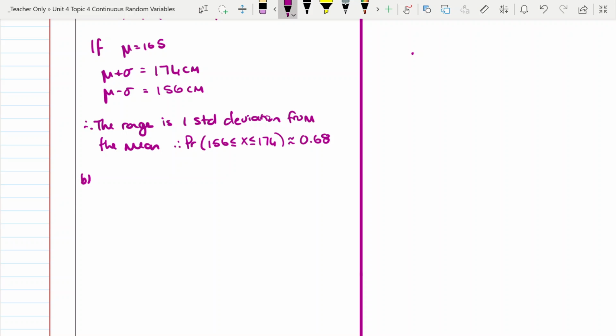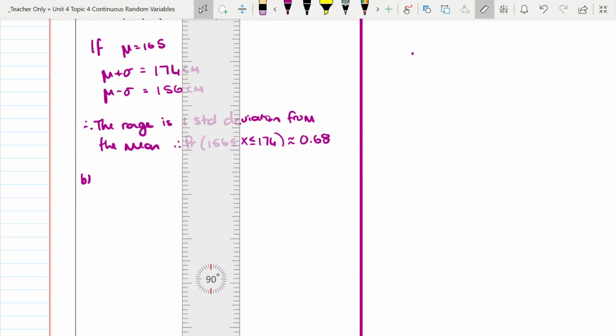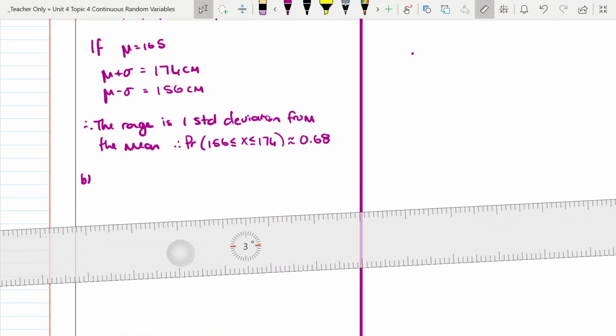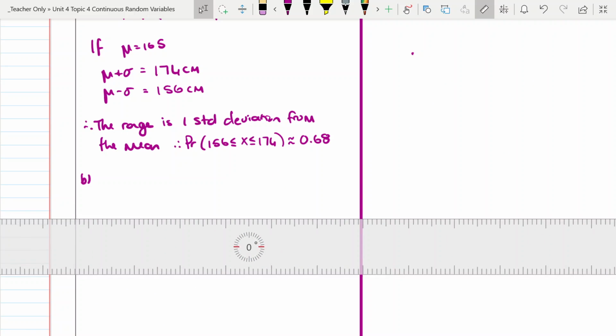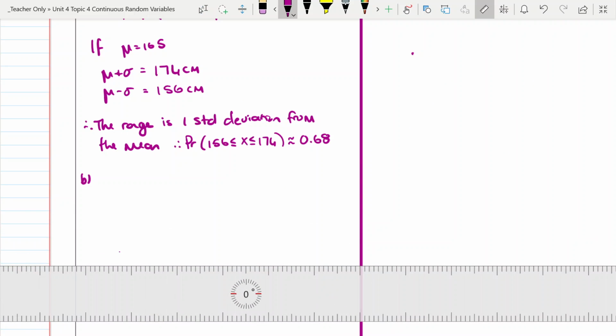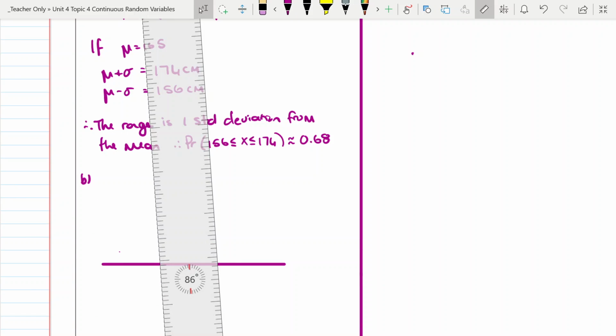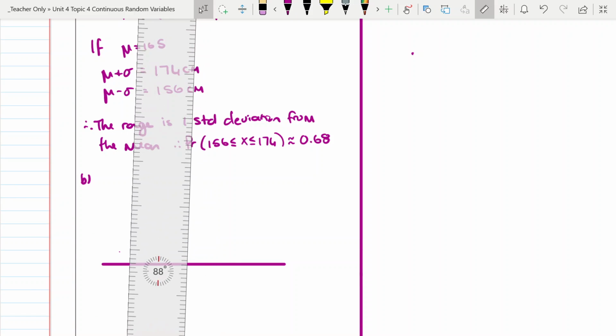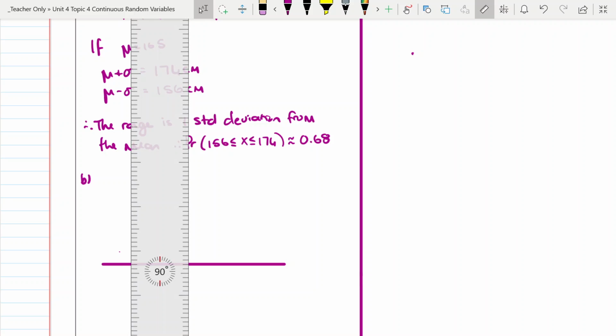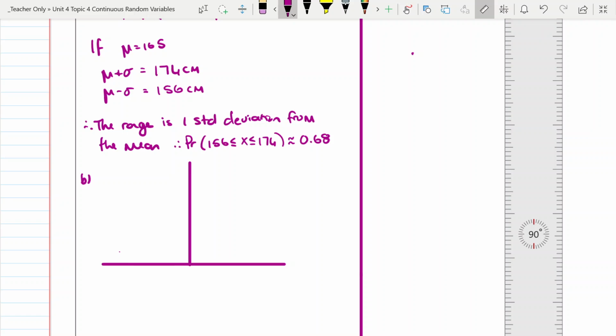Okay, let's draw ourselves a little normal distribution over here. And with these questions, diagrams are your best friend because it gives your teacher an idea that you know what you're doing. It's a good communication tool. So that's what you want to do.